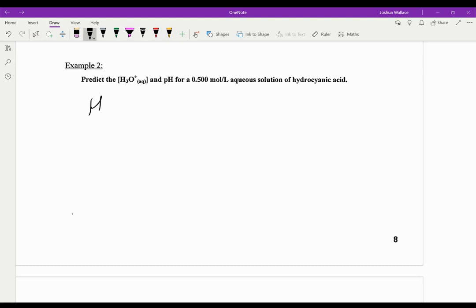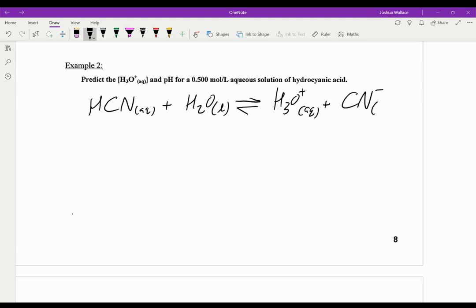So we have HCN, aqueous, reacts with water, liquid, pure substance, to produce H3O plus, aqueous, plus CN minus, aqueous, and I get 0.500. This gets crossed off. This is 0, this is 0.